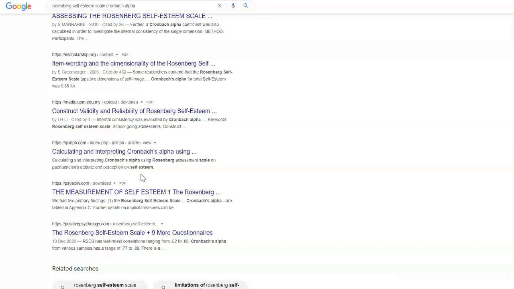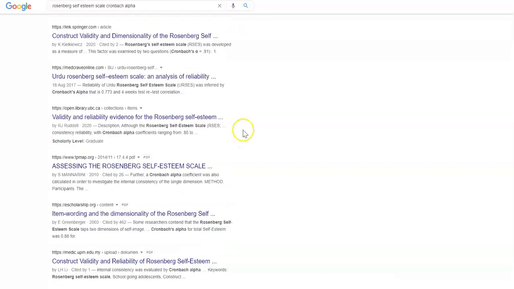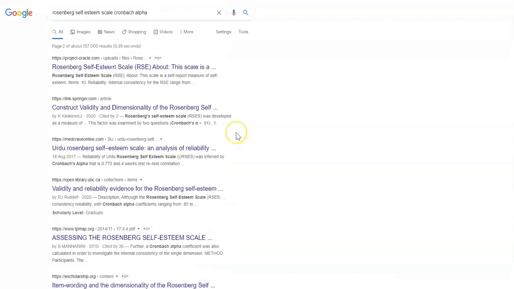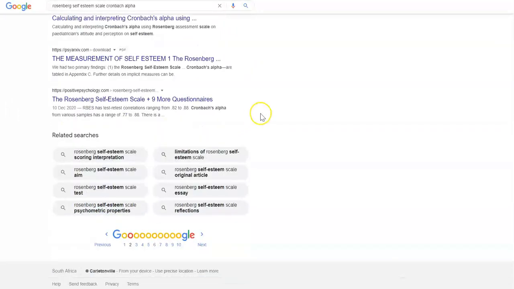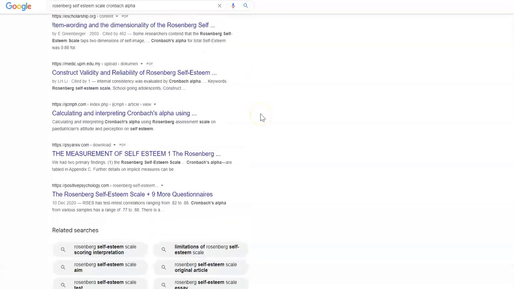So you first must do a bit of reading before you decide on what version of the instrument you are going to use. It is a bit of a minefield, but my advice is that you do a bit of research, just look at it.